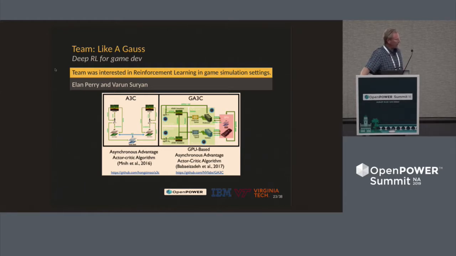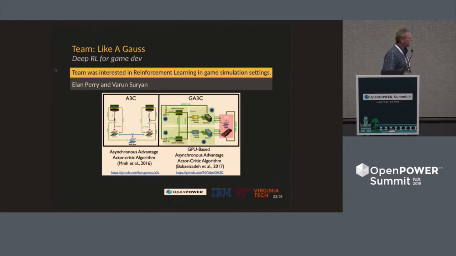Their particular app was Pong, not that difficult. But Elon, in this particular case, was interested more in what he could do in image processing. And Veron was more interested in what he could do with reinforcement learning for robot manipulation. Diverse things, but they kind of came together around this project here.